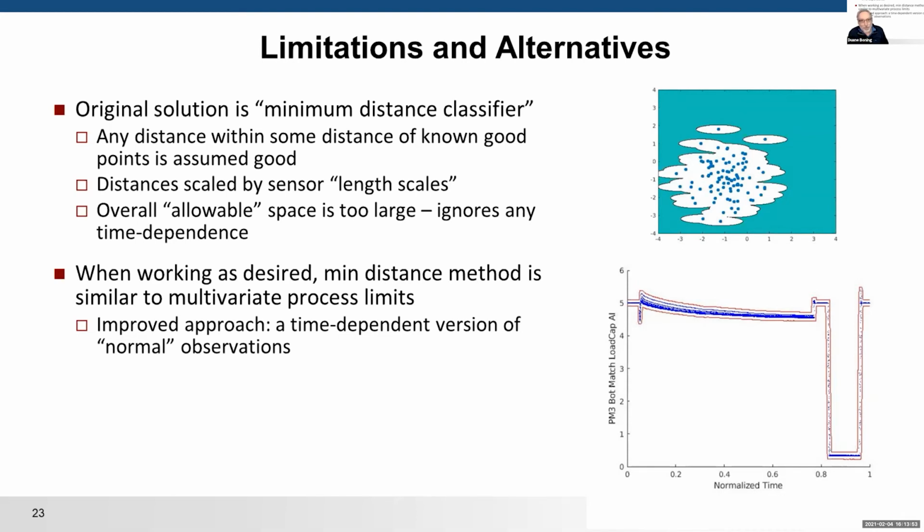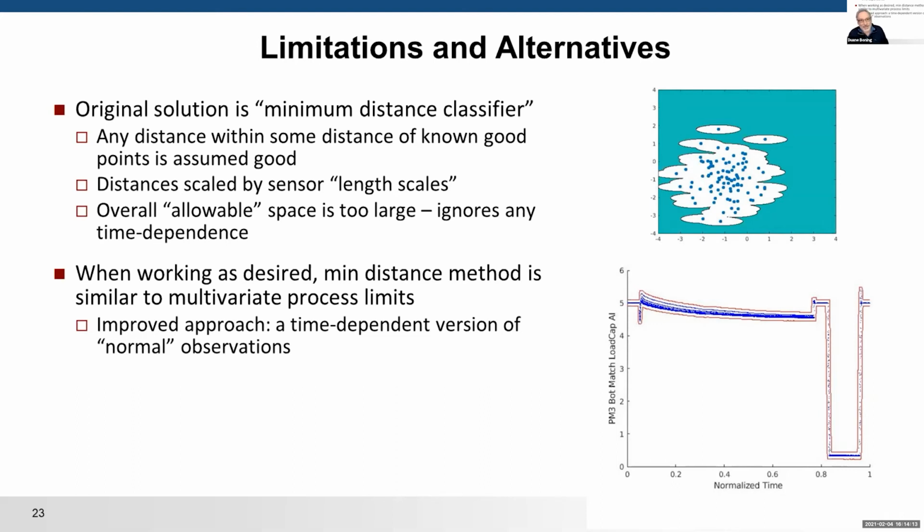So what this suggests is, first off, one improvement that we've explored within this space, which is a time-dependent version. So you imagine now that depending on where we are in the cycle, you might again have a density distribution around what is normal behavior for that point in time across the multidimensional sensors.